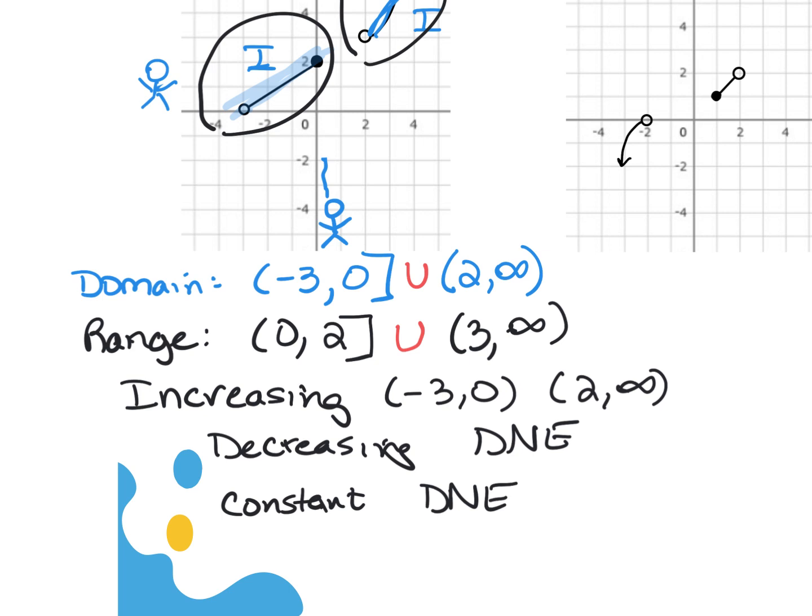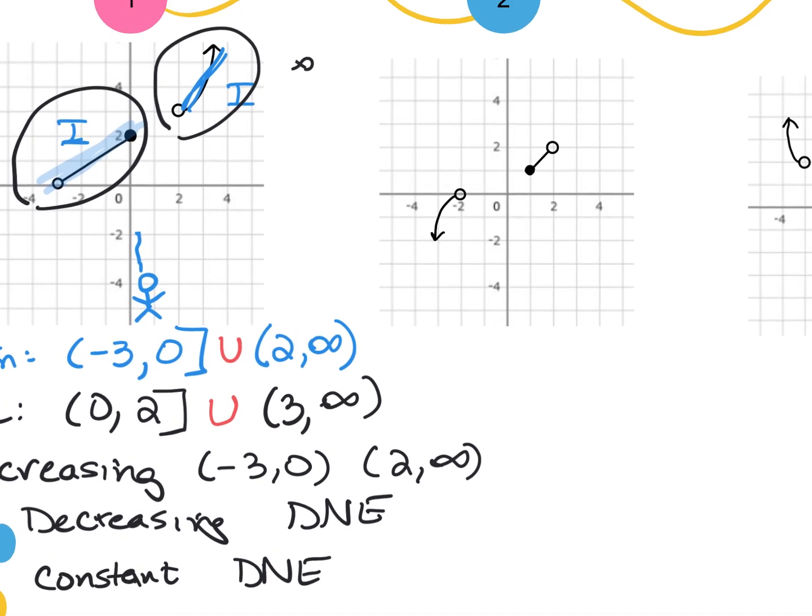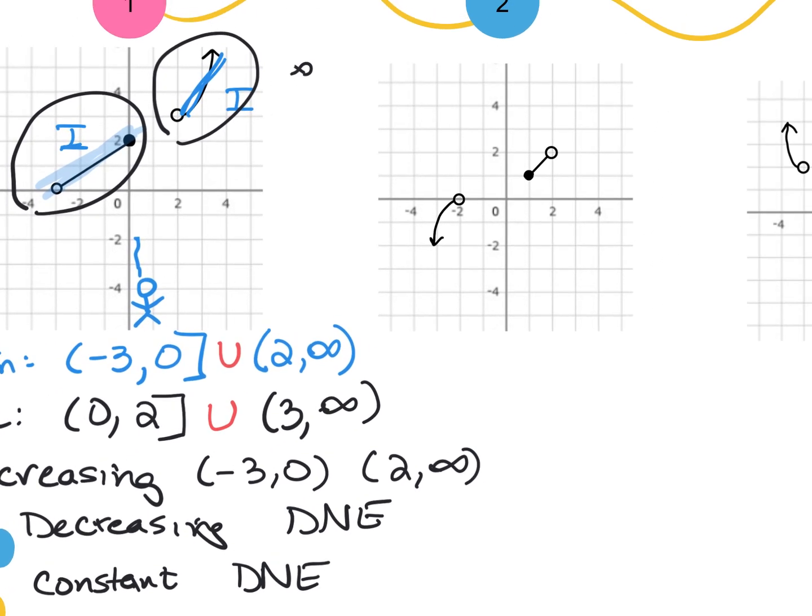Now, do not be misled when we go to identify the increasing, decreasing, constant with the arrows. So let's go ahead and set all this up. So domain. Again, I'm walking along this x-axis, and the first thing I encounter as I walk along is this arrow.